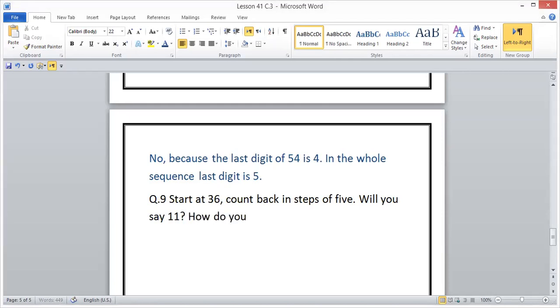Question number 9 is very similar to question number 7, just the values are changed. You have to count back in steps of 5, and the number you start from is 36. From 36, you have to count back in steps of 5, and you have to tell whether 11 will come in the pattern or not. So this is the question.